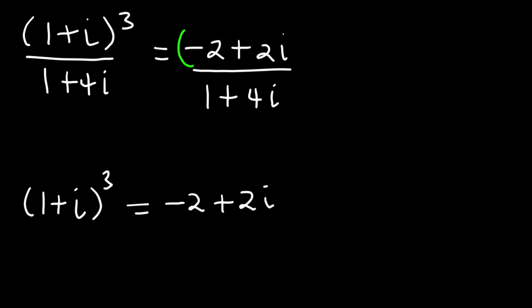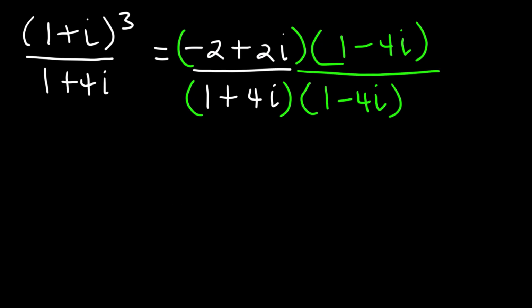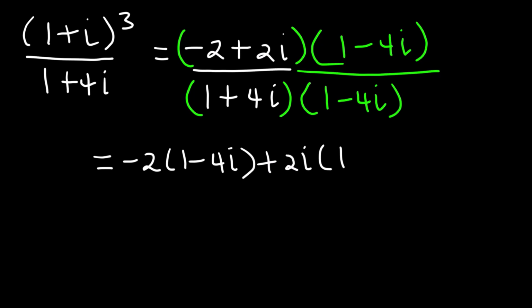So we shall multiply the numerator by the conjugate of the denominator, which is 1 minus 4i. And also we shall multiply the denominator by 1 minus 4i. So for the numerator, we shall have negative 2 times 1 minus 4i, and then plus 2i times 1 minus 4i.